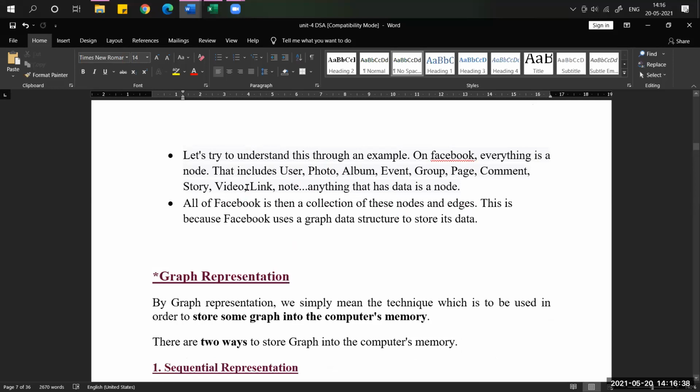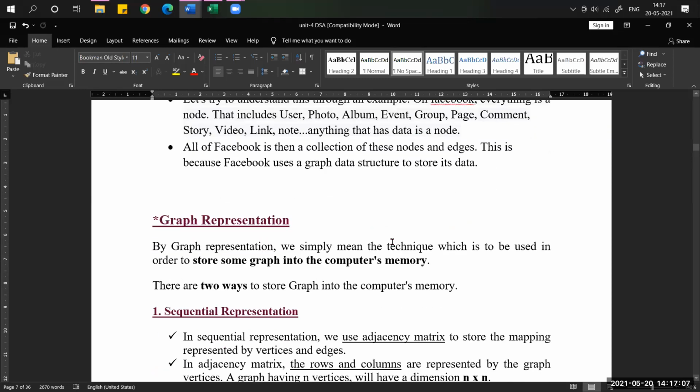That's why we can simply say that to represent Facebook, whatever social network information it is, we are using the graph data structure. Why are we using the graph data structure? To store the data, to represent the data. So these are a few applications of graphs, where it will be used in our real life.